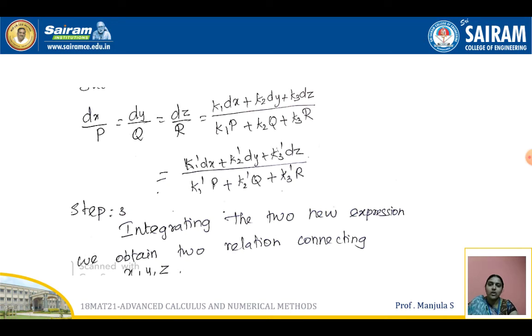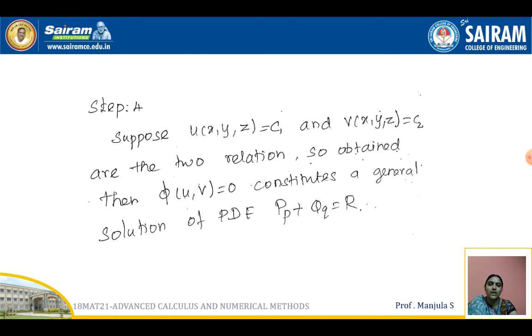Now, with the help of this equation, in step 3, you just go for integrating the two new expressions. On integration, we get two relations in terms of x, y, z.